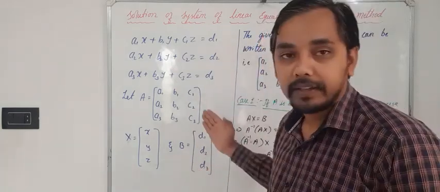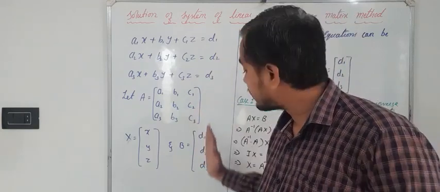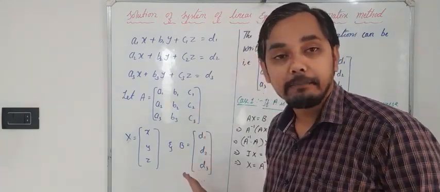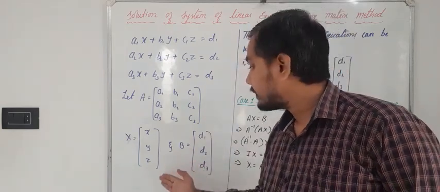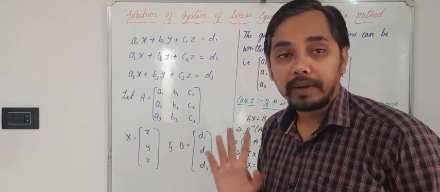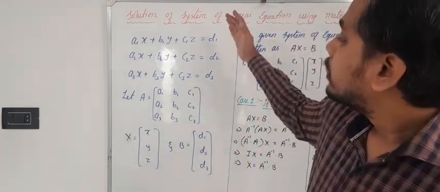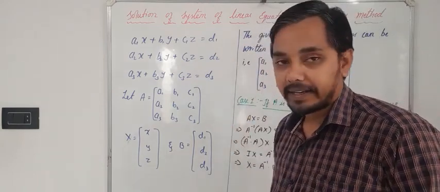The constant part, or the RHS part of the system of equations. Let us consider it as matrix B. Here matrix A is a 3 cross 3 matrix. Matrix X and matrix B are 3 cross 1 matrices. Let us assume this system and these matrices.